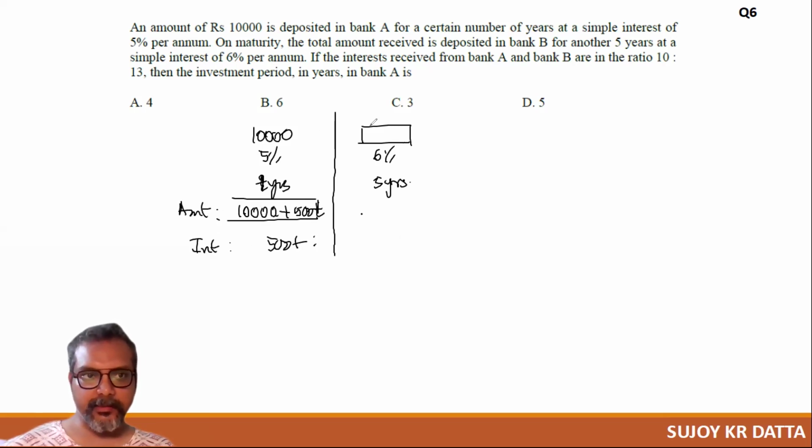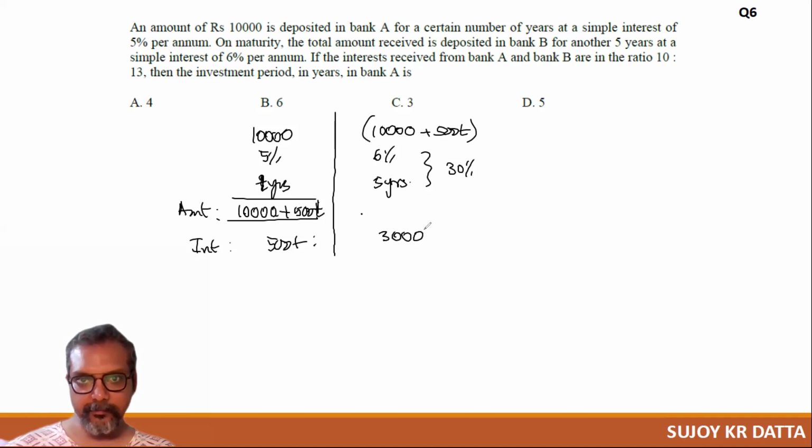And then this investment here is basically this entire amount. 6% for 5 years effectively gives us 30%. So your interest here would be 30% of 10,000, so that is 3,000, plus 30% of 500 T, which would be 150 T. That will be the interest.